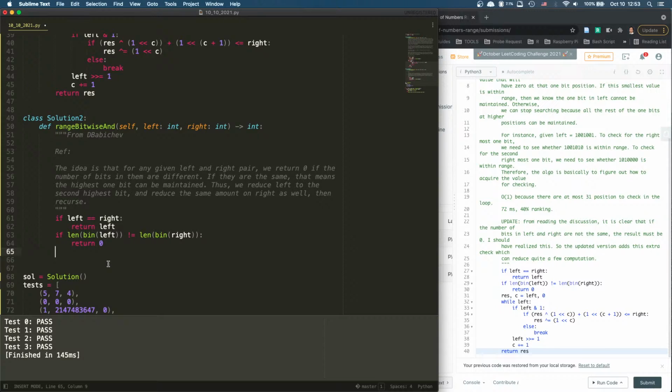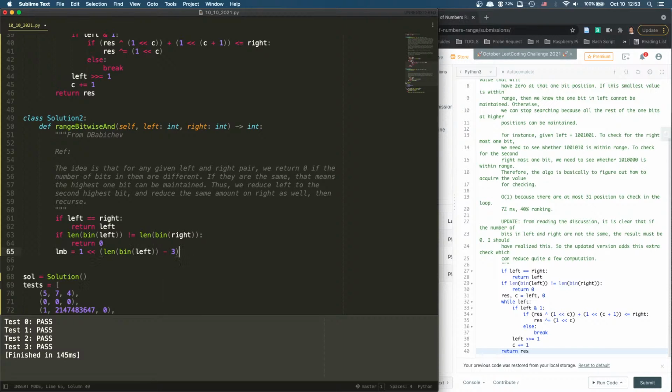So to get the leftmost bit, a prefix equal to the leftmost bit equal to 1 left shift len bin left. We need a -2 in total, but that will be too much, so we need a -3.